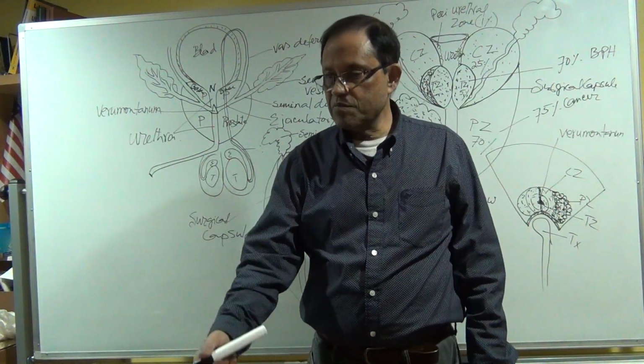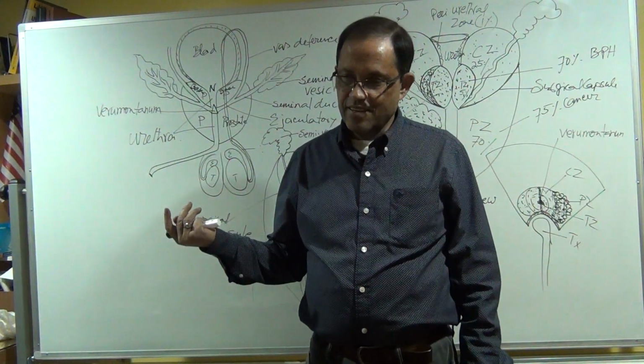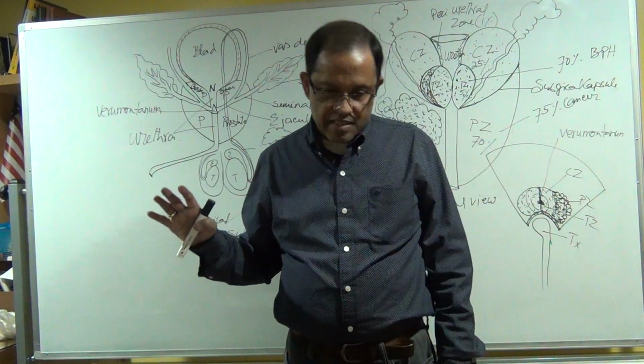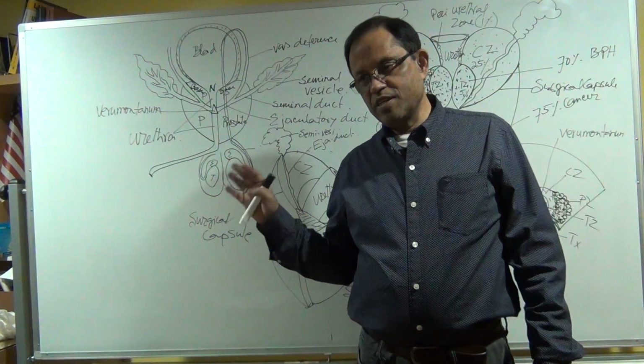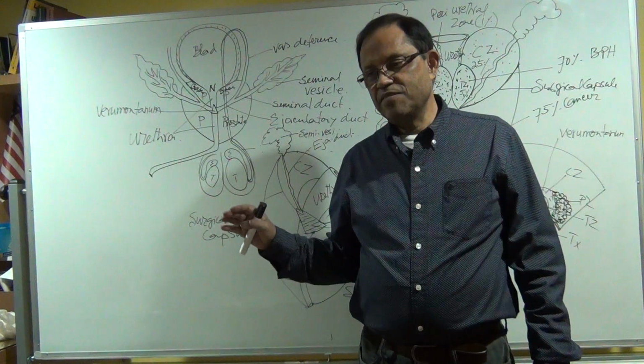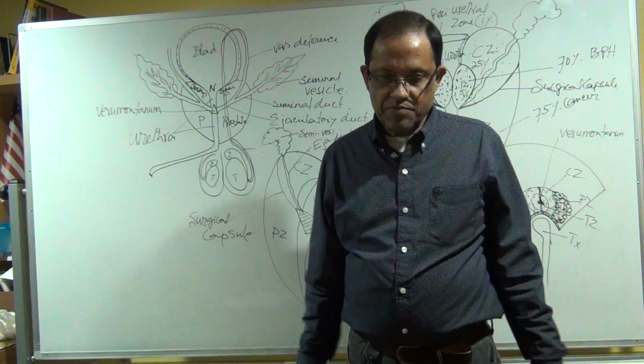Either the patient will have a Foley catheter or do the surgery. Okay, and it is one of the number one men's diseases causing botheration in life. Okay, so that is done for the prostate gland.